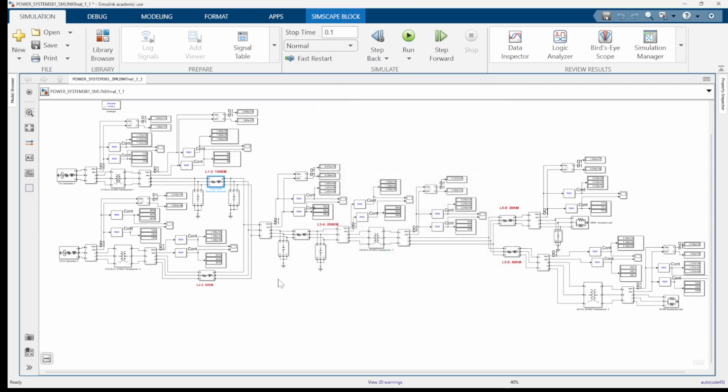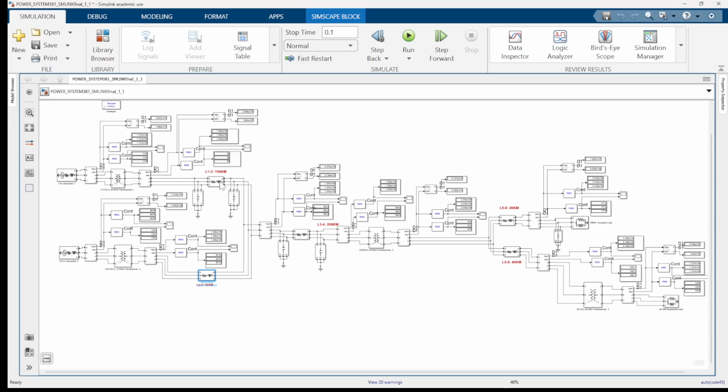A transmission line with a distance of more than 80 kilometers is considered medium or long, and less than 80 kilometers is a short transmission line. A short transmission line can simply be represented as an RL load.